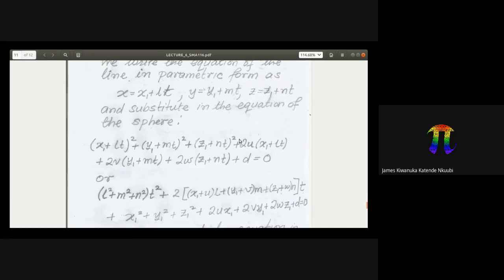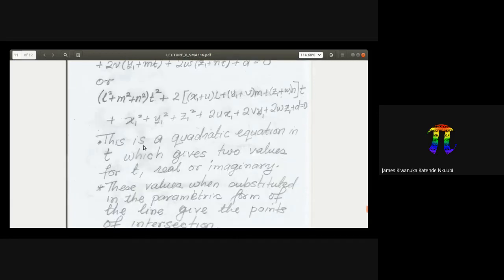When we do that, we have a long calculation that eventually ends up like this. What you have here is just a quadratic equation in t. These are the coefficients of t squared. This will be the coefficient of t, and whatever is left will be the constant term of the quadratic equation.